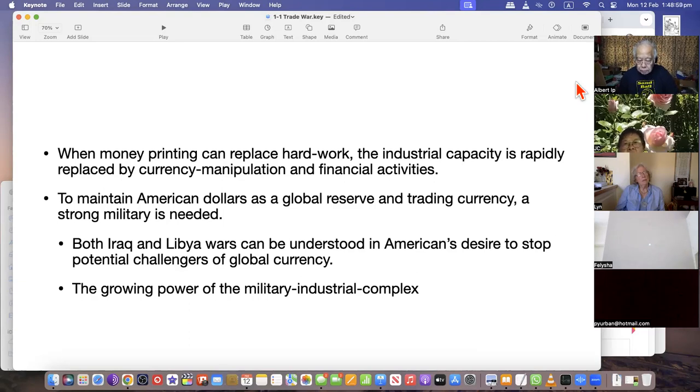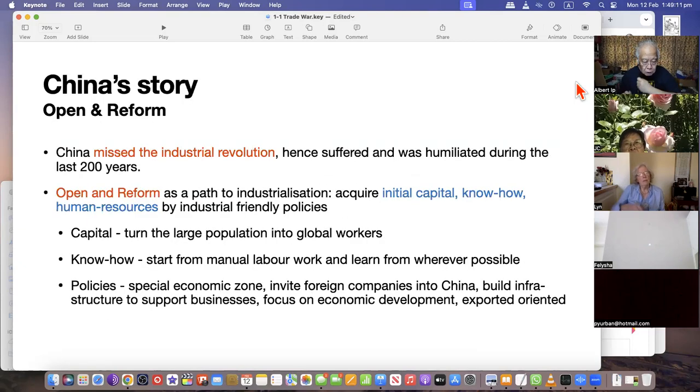So the US dollar becomes a very important part of the whole US policy, including its foreign policy. Okay, come back to China.